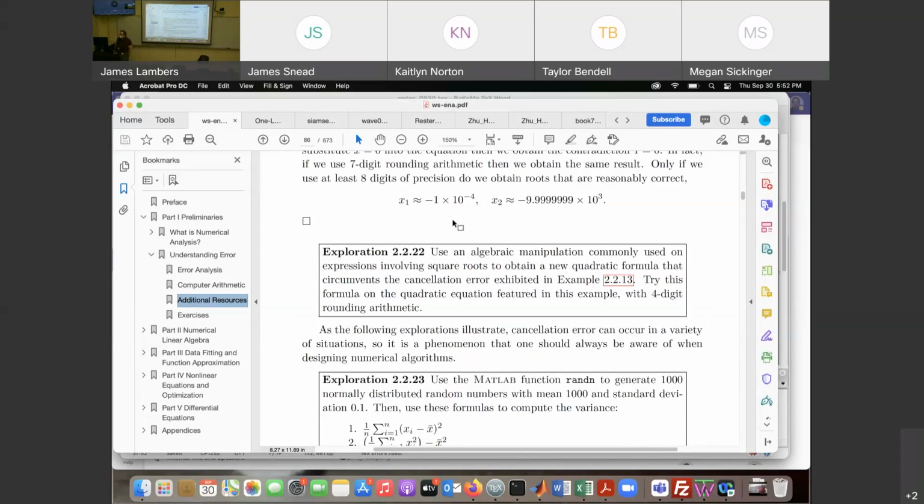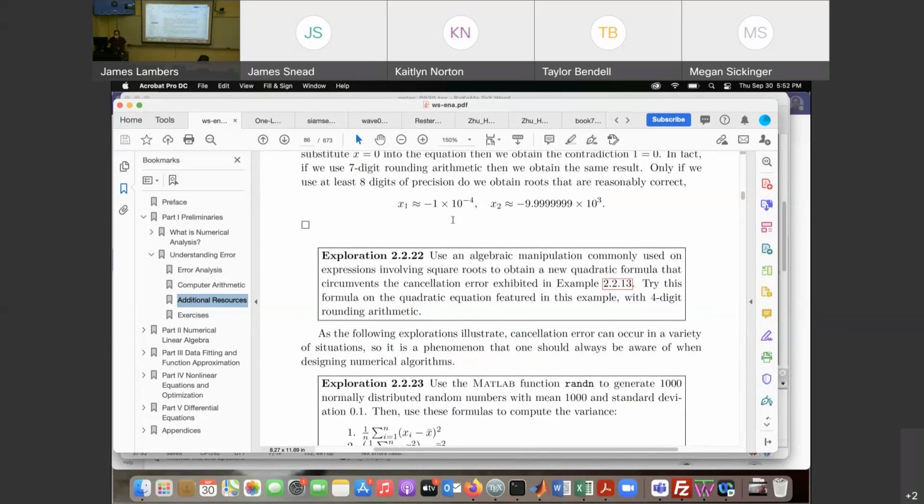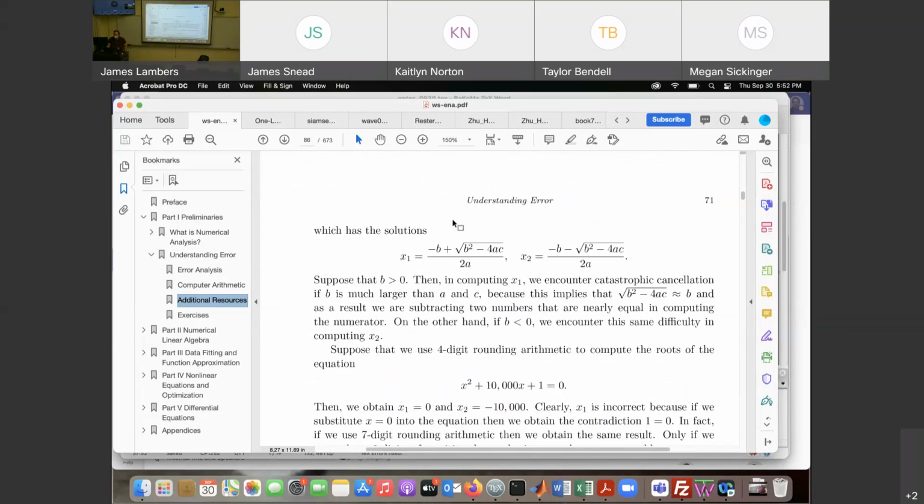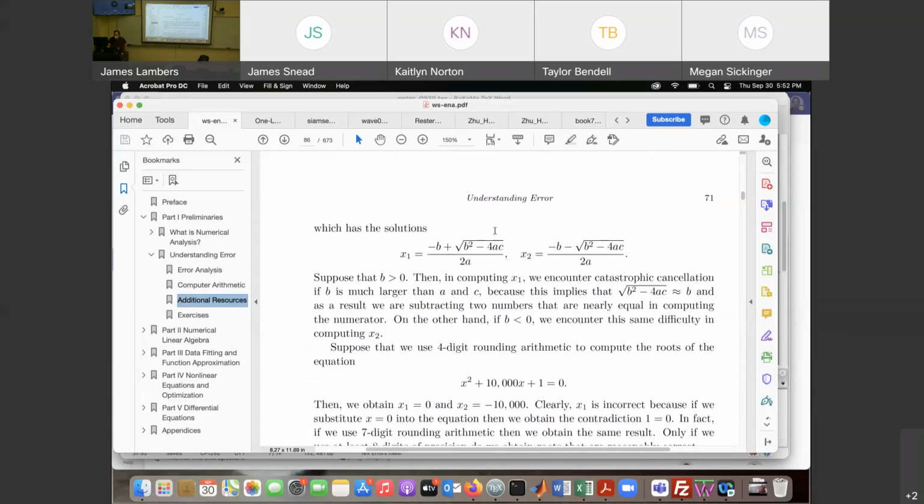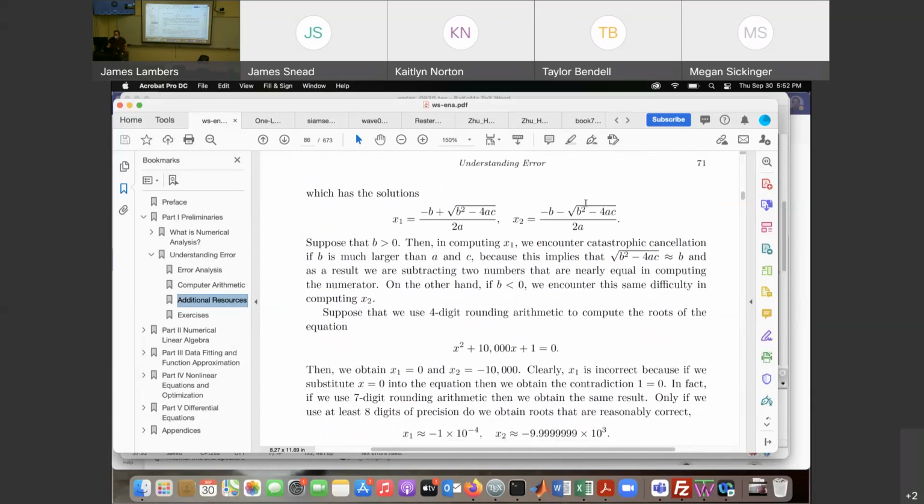The thing to keep in mind is, if you look at the original quadratic formula where you have these two possibilities, the situation gets bad when b squared is much larger than 4ac.